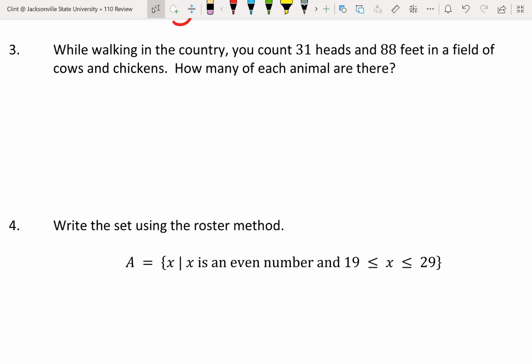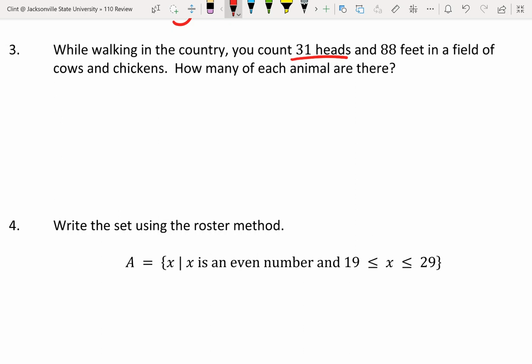The way I start these is I look at the heads number, which tells us how many total animals we have. Then I just pick some combination of cows and chickens that adds up to 31 in this case, and see how many feet that gives me.